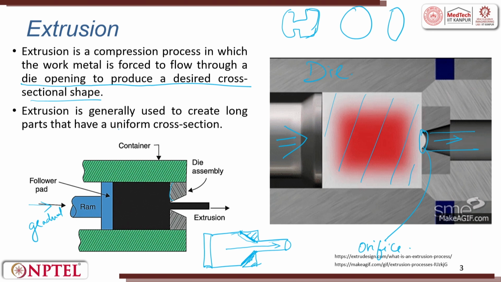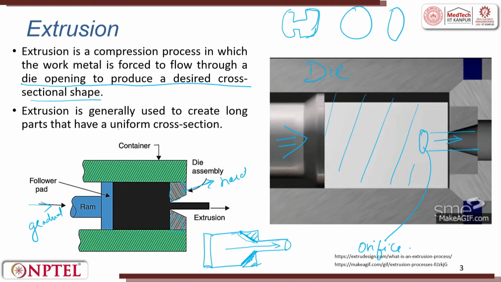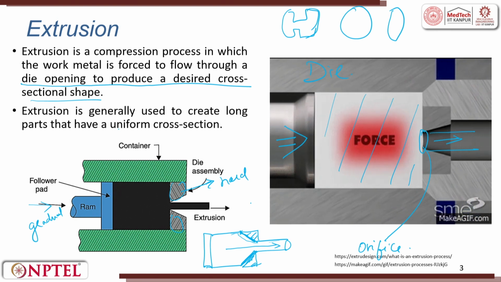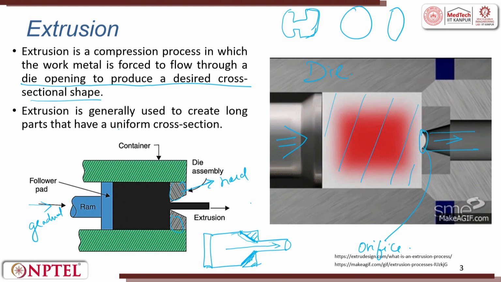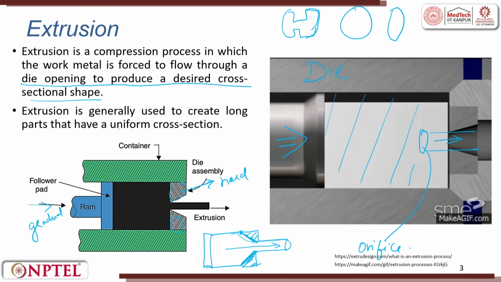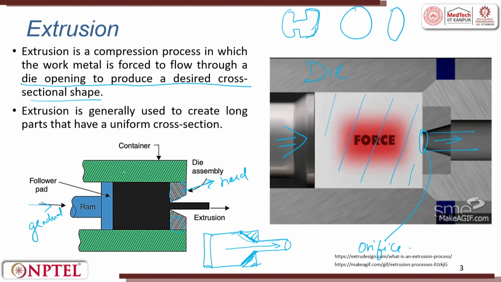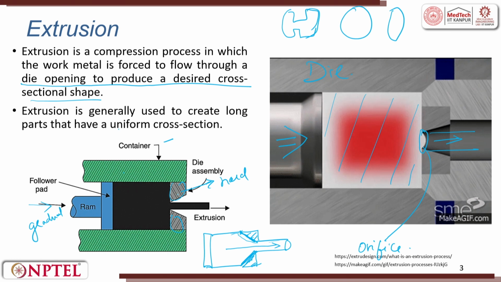The die material will be hard. For example, it can be made of tungsten, or of stainless steel, which has very high hardness. Here you need not have ductility; it has to be very high hardness and it has to be machinable. The container material and die material need not be the same.